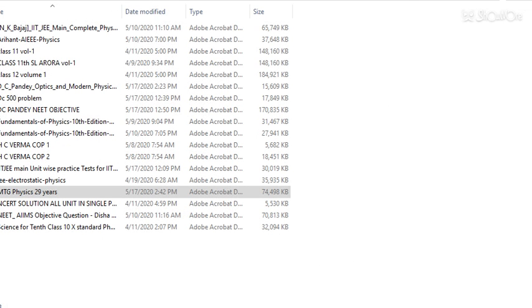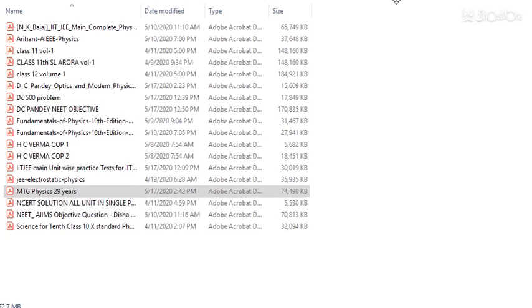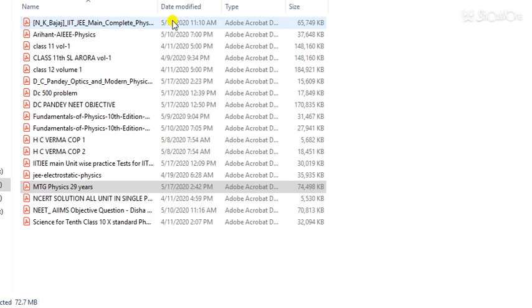You can see the book names: NK IIT JEE Main Complete Physics. Then this Arihant AIEEE Physics, which is of 2006, so it is an older one. Then two reference books, SL Arora Volume 1, Class 11th Volume 1.